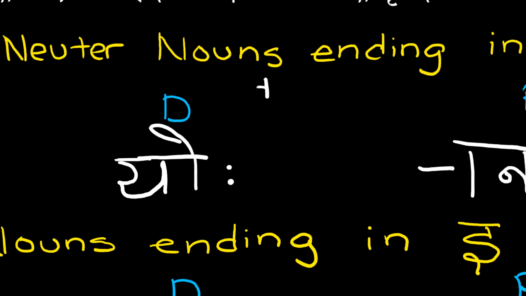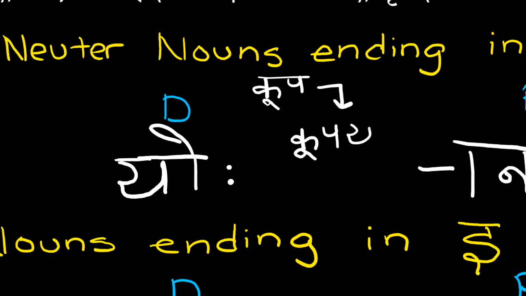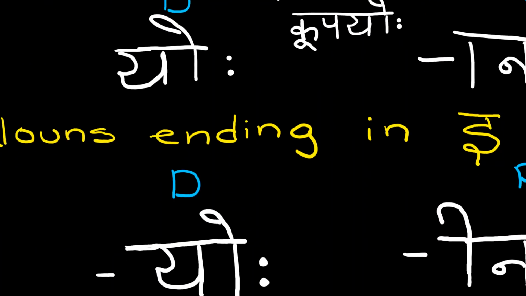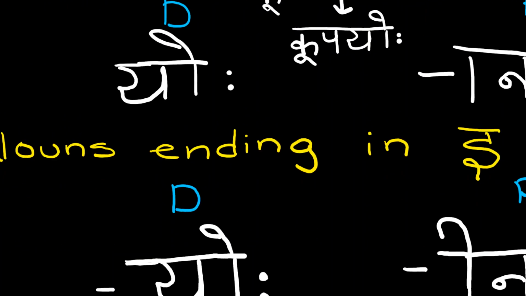An example of a masculine noun ending in a is kupa. Kupa is declined to kupa yoho, not kup yoho, but kupa yoho. Keep that in mind. Kupa ends with a.